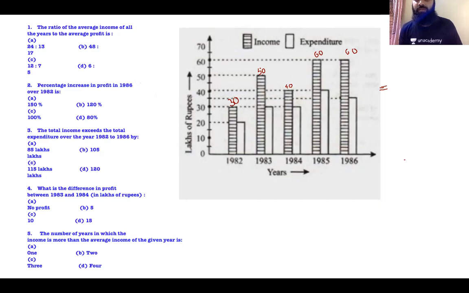It's 30 plus 50, then there is 40, 60 and 60.